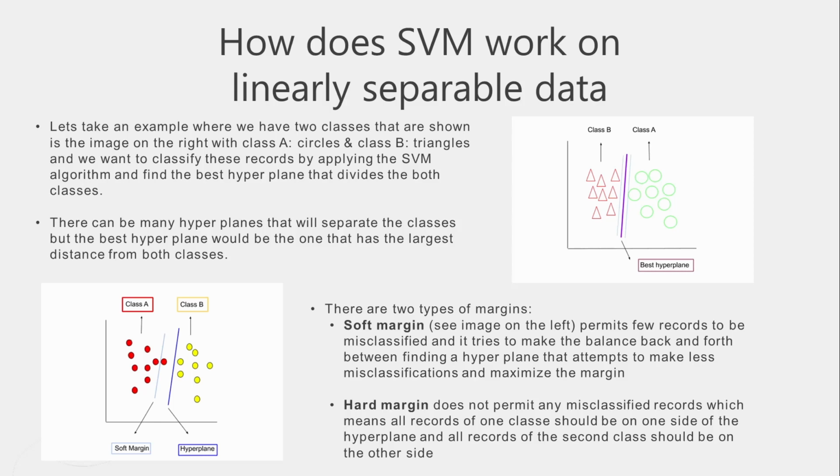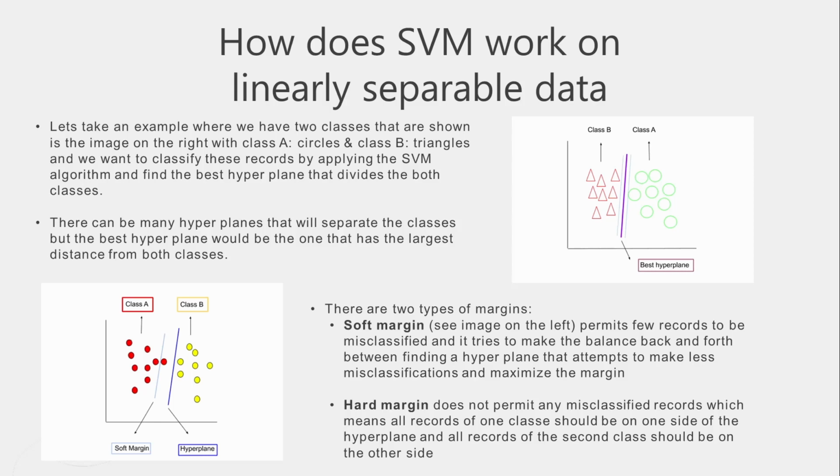There can be many hyperplanes that will separate the classes, but the best hyperplane would be the one that has the largest distance from both classes. To determine the hyperplane, the model uses something called margins, which basically means the distance between the hyperplane and the closest support vectors, also known as data points on the plot.